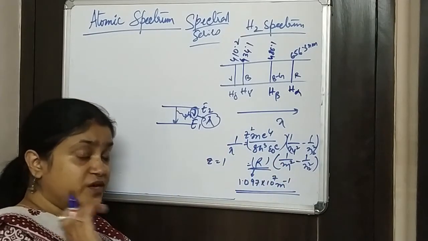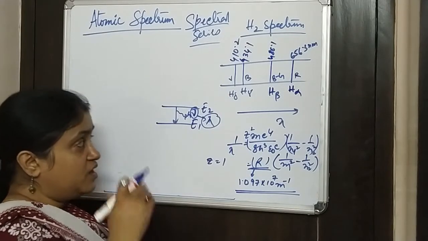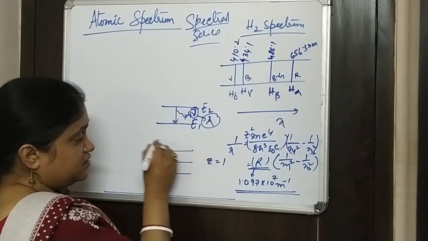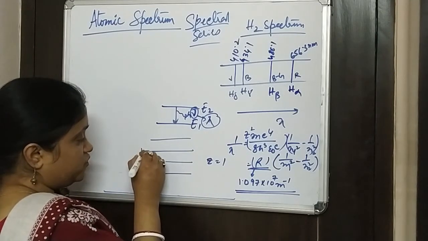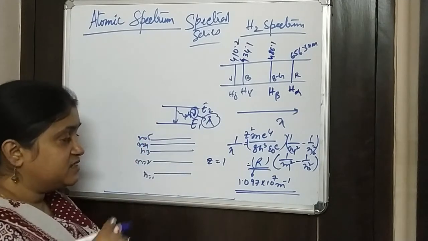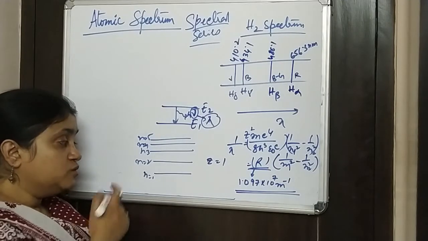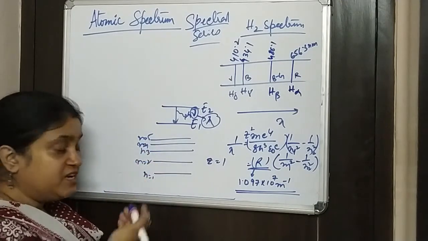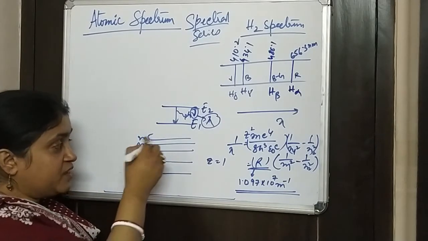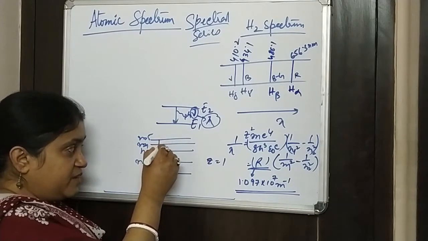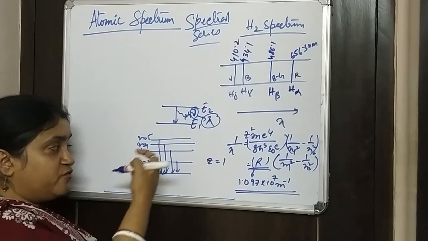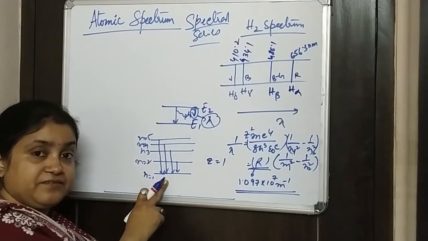Suppose this is n equal to 1, and there are many different levels: n equal to 2, 3, 4, 5, and so on. From any of such levels, an electron can jump to the first level. So there are many possibilities for an electron to jump from any of the higher levels to the first level.